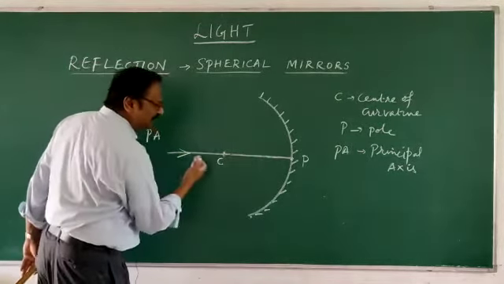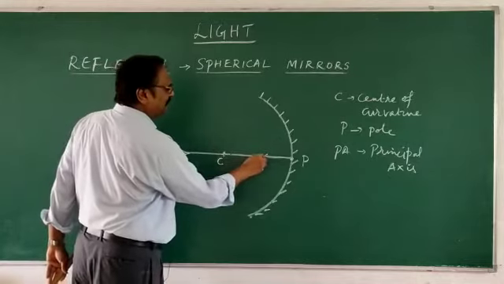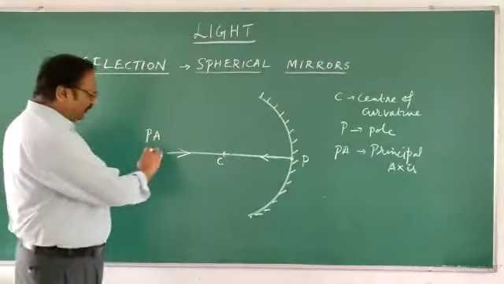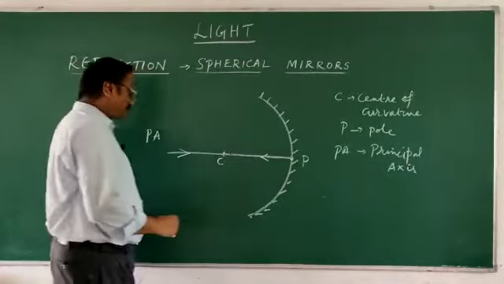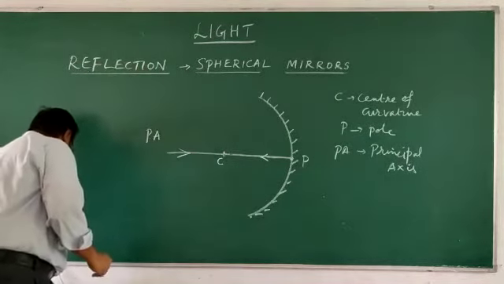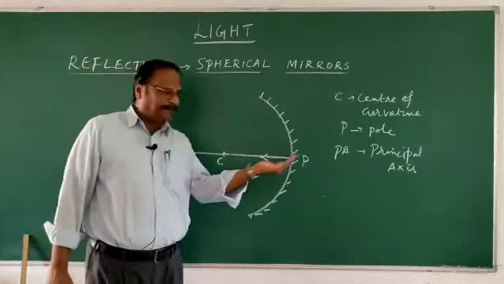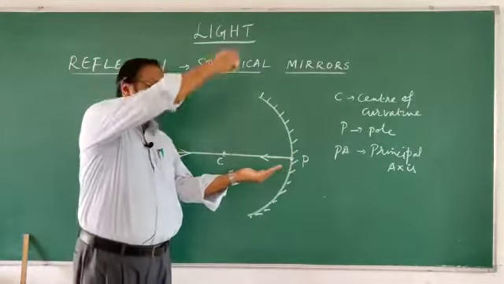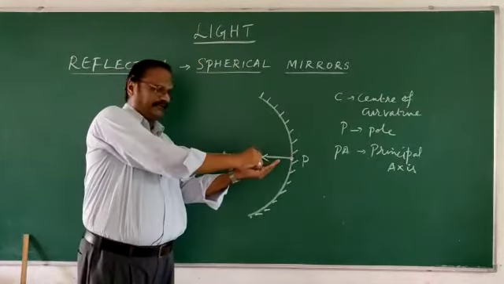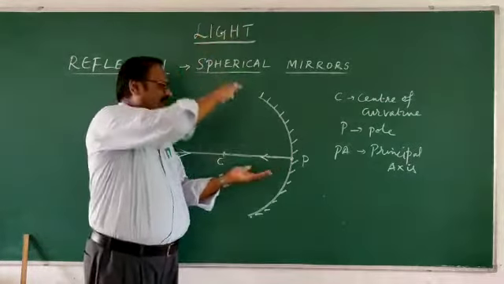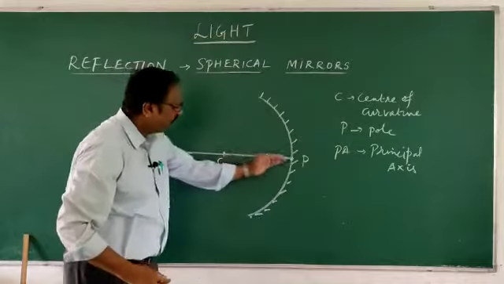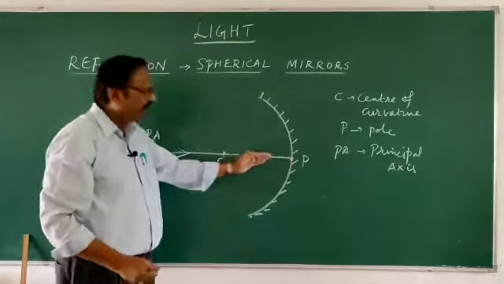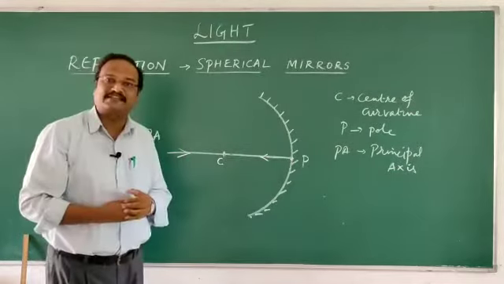It will bounce back along the same line, and that is why it is the principal axis. You can imagine it another way. For example, I have a shallow cup. When I take a ball and drop it, it will come back like this. Like that, a ray of light incident at the pole, passing through the center of curvature, will retrace its path.